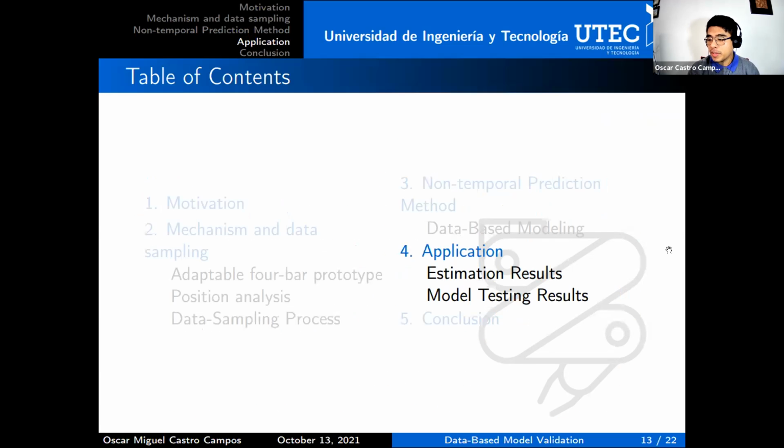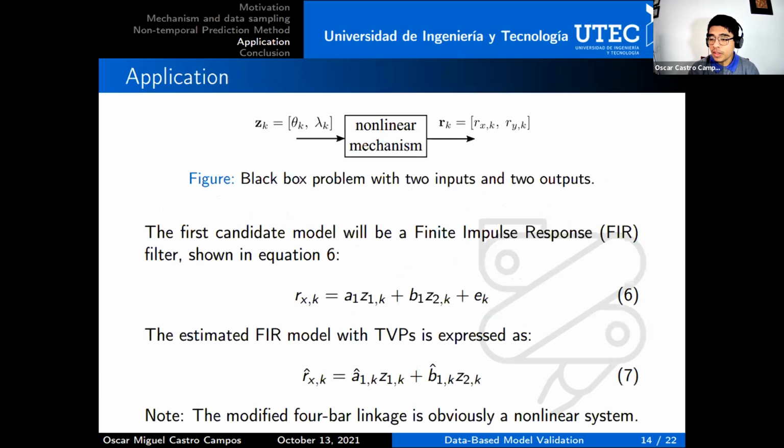So, the application. Our forward linkage, we can consider it as a black box system. We know nothing about the physical equations that define the trajectory of the point P, so only the input and output data is available to model this system.